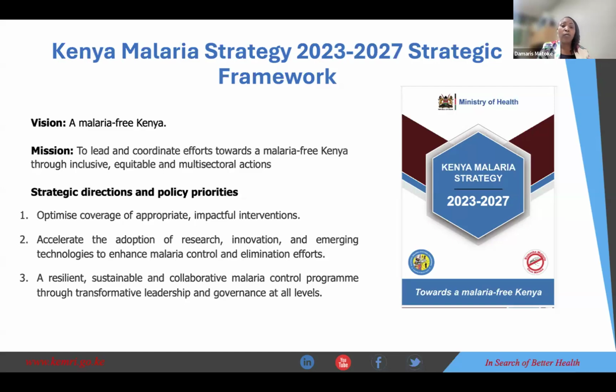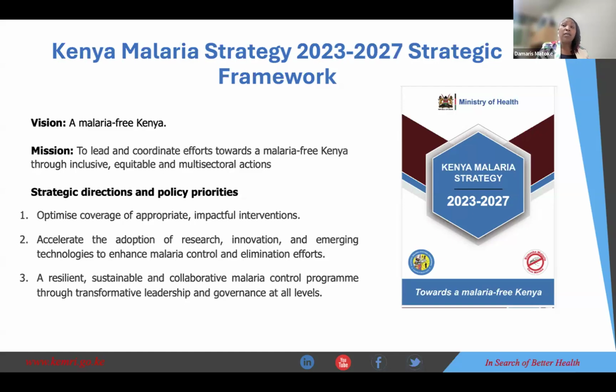So the strategy has 3 key strategic directions. The first one is to optimize coverage of appropriate and impactful interventions. The second one is to accelerate and adopt the research generated by institutions such as KEMRI and others, the academia, and the innovations and emerging technologies in order to enhance the control of malaria and the elimination efforts in the country.